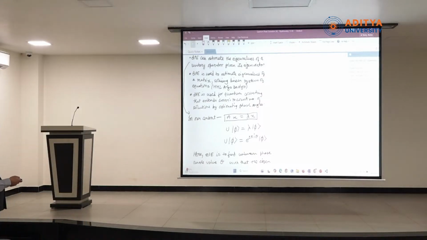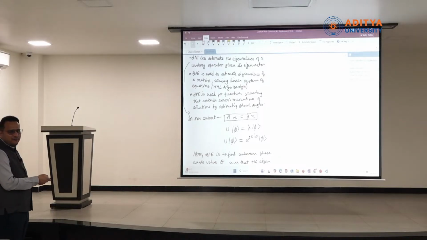You are given a unitary operator and some encoded state. You have to identify the eigenvalue associated to the eigenvector. The eigenvalue is encoded as e raised to the power 2 pi i theta.